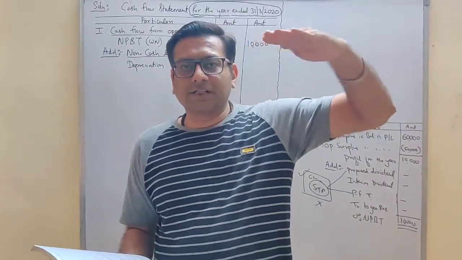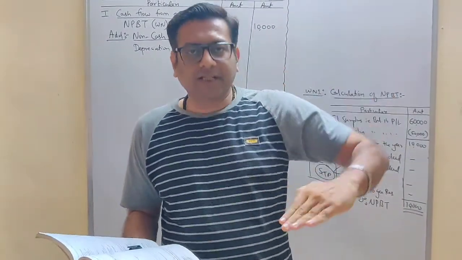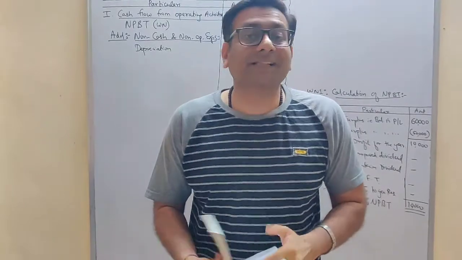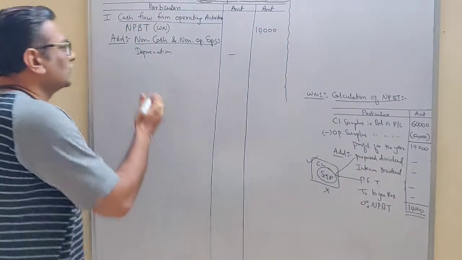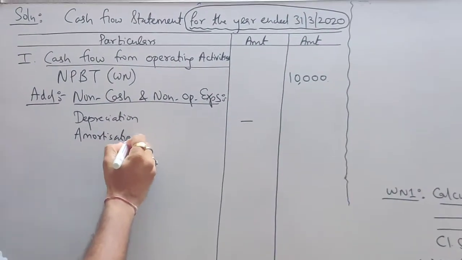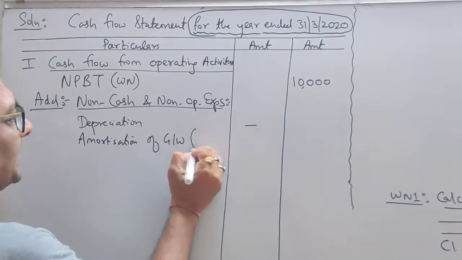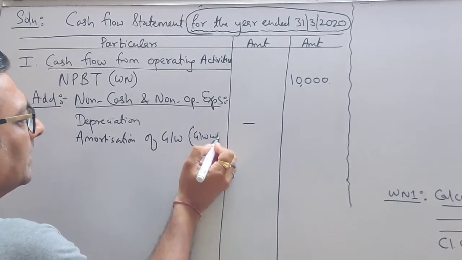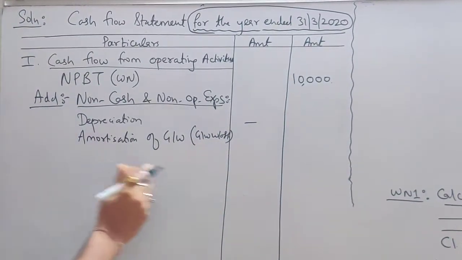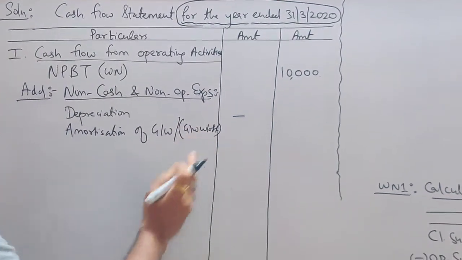Your balance is decreasing. So what will you take? This is intangible asset, so you will take it as amortization of goodwill. You can also write it as goodwill written off, whichever way you want.